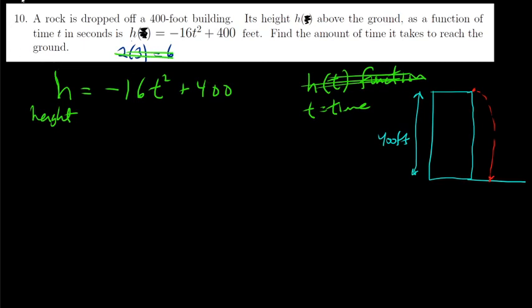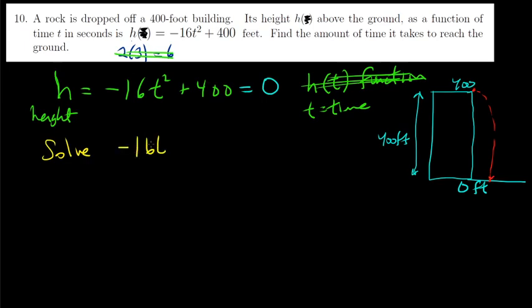Find the amount of time it takes for the rock to reach the ground. Well, remember, if this is 400 feet above the ground, the ground is 0 feet. So the question is to set h equal to 0, because that's where the ground is. It's level 0, right?